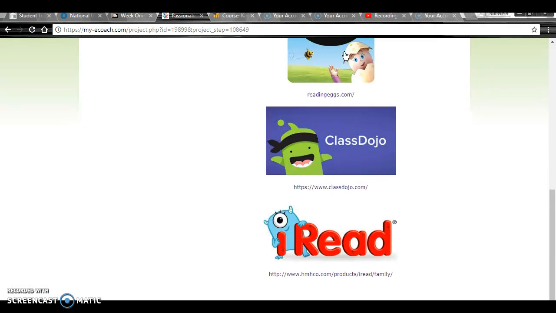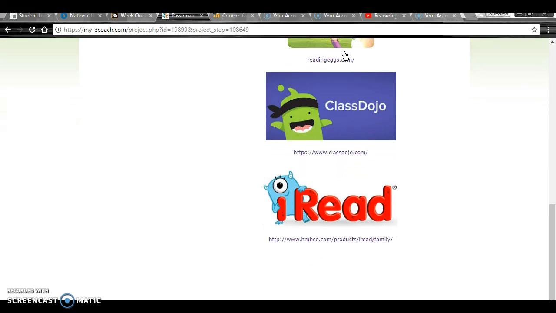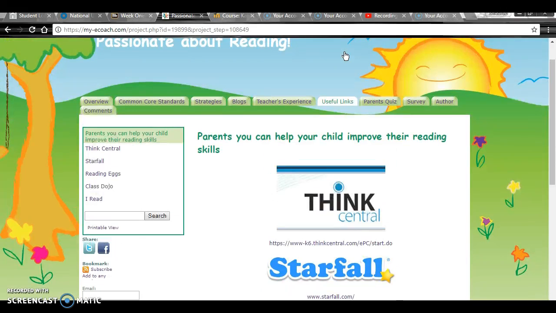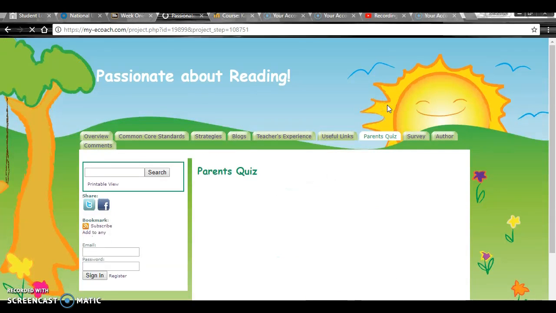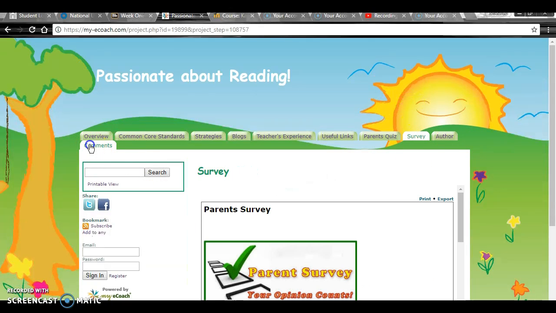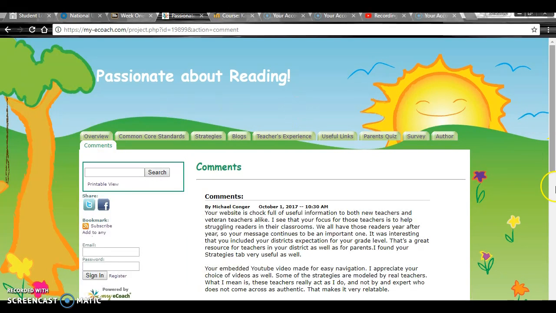The parents also can track the students' progress, and teachers and parents can send each other notes, emails regarding the students. And iRead, it's a great website for second graders, and it teaches them how to become better readers. And there's a parents quiz, the survey, and any comments that you might have.